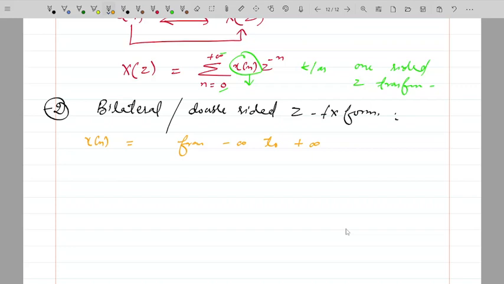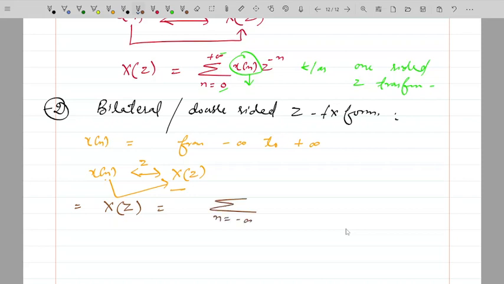Here also these x of n values are converted from the time domain to the Z domain. The expression for x of z for the bilateral Z transform will be equal to the summation with n equal to minus infinity to infinity, of x of n, z to the power of minus n.